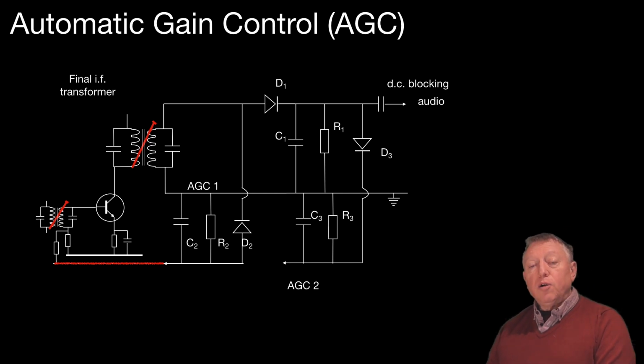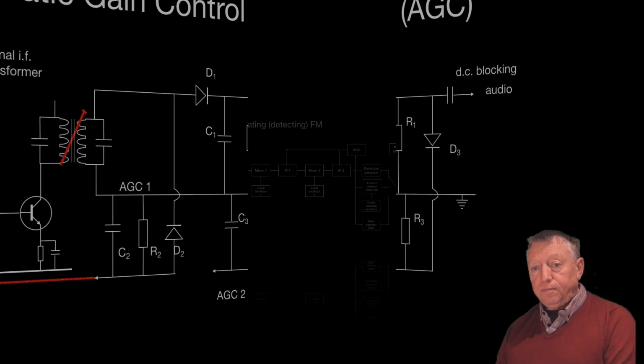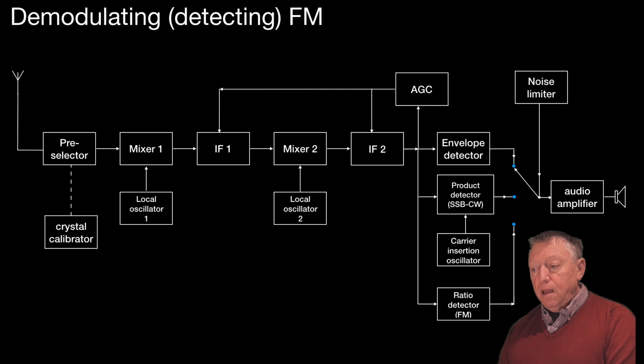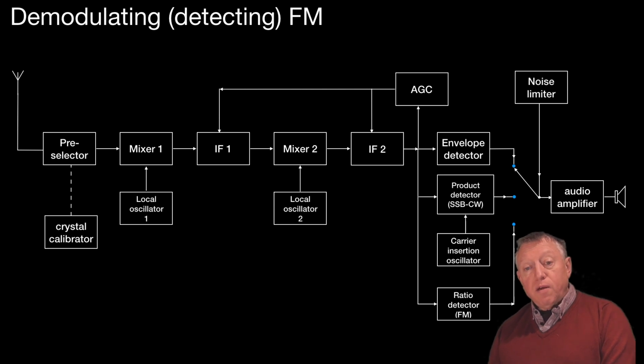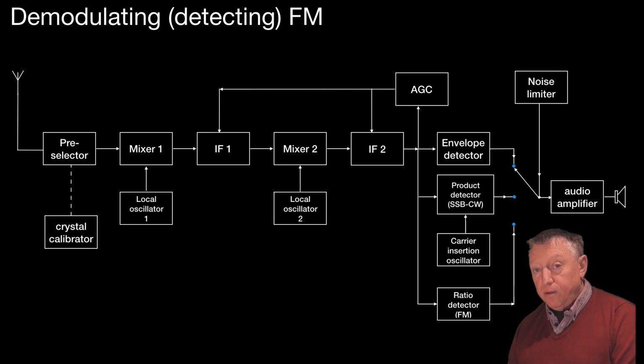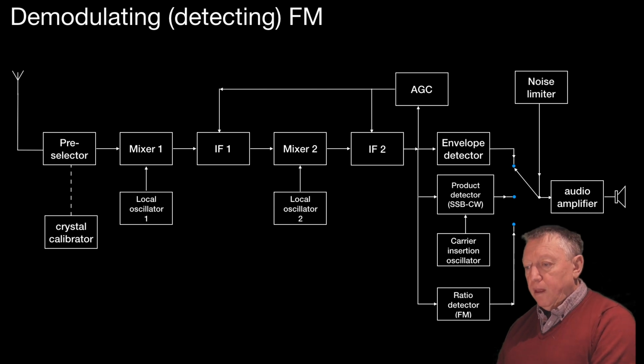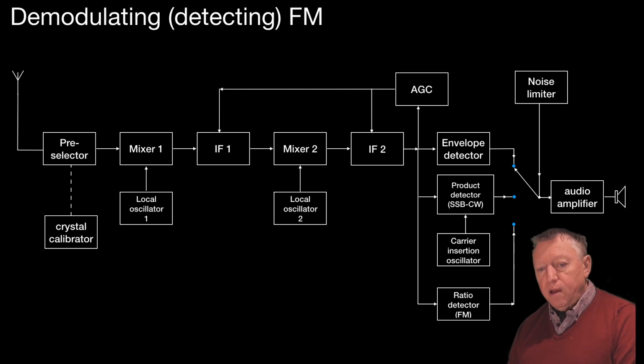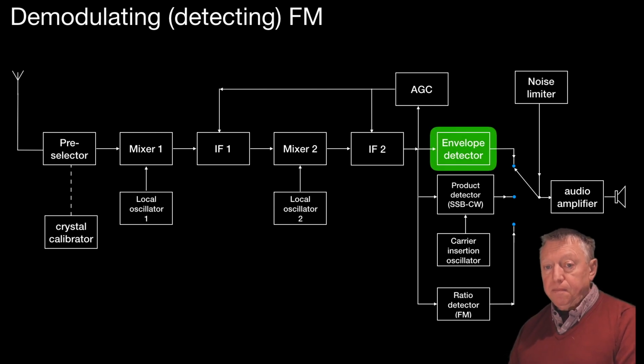Let's go on now and look at demodulating FM. There is our rather more complicated double superhet. We've seen this diagram before, and if you look over onto the right hand side, we have covered the envelope detector for AM.